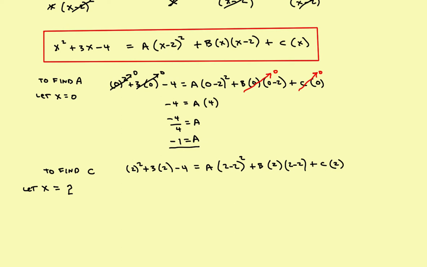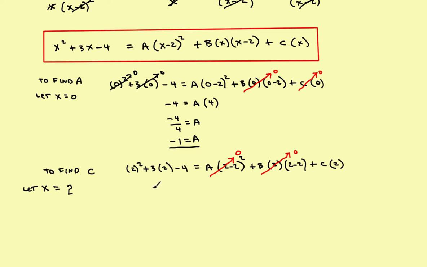Now again, you were hoping to get rid of some of these, and on this one, 2 minus 2 is 0, so that term's going to go to 0. This thing right here will disappear, which is what you wanted. And again, in the B part, you've got 2 minus 2. That'll turn into 0. 0 times anything is 0, so this one disappears. And the only thing you're left with is C, so now I just solve that resulting equation for C.